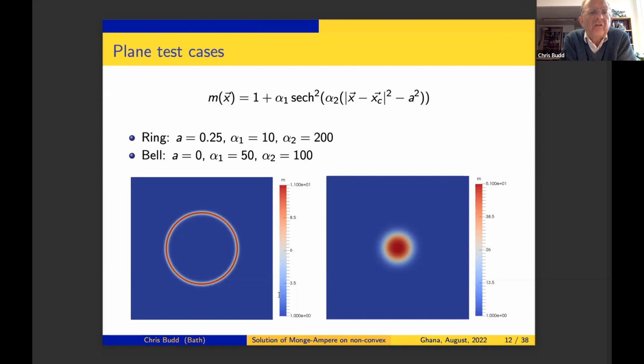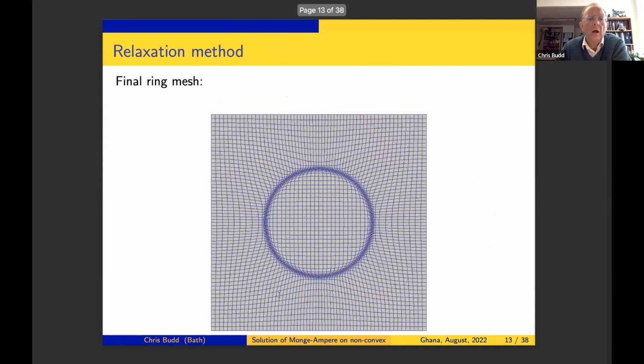We use these as monitor functions because I'm particularly interested in solving Schrödinger type equations where you might get singularities forming around rings or around single points, corresponding to various types of focusing problem in lasers. So those are our two cases.